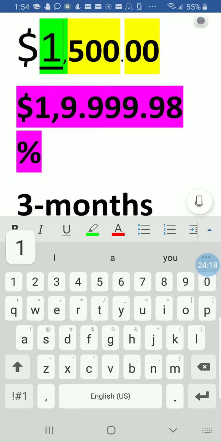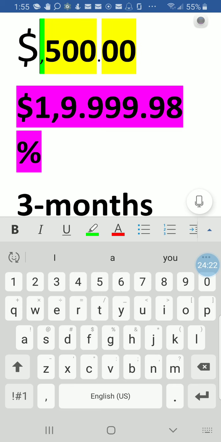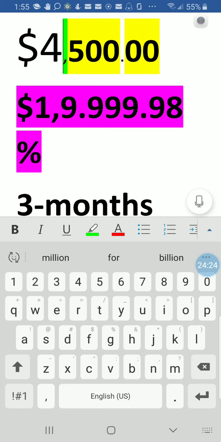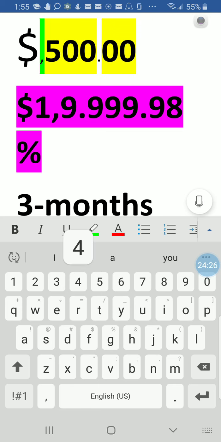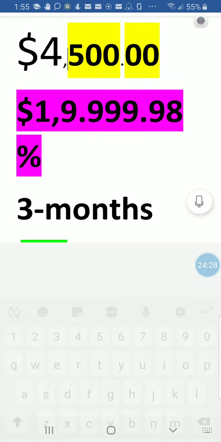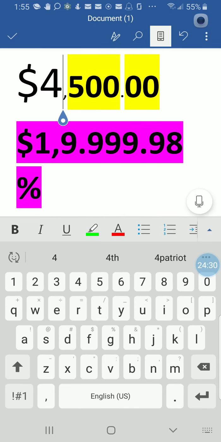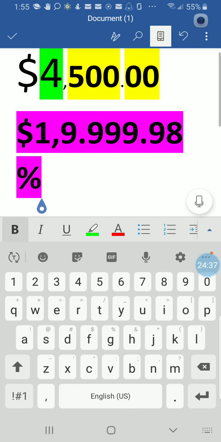A lot of times you change that to a 2 or to a 4. Change that to a 4. Is that a bigger number or a smaller number?